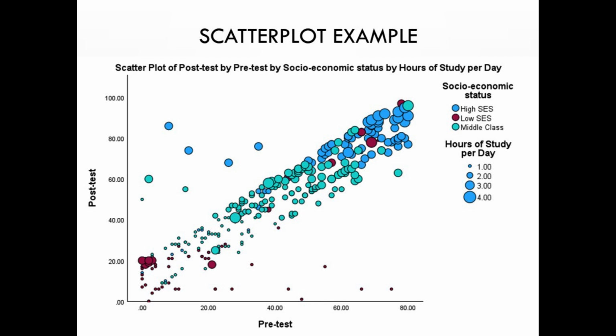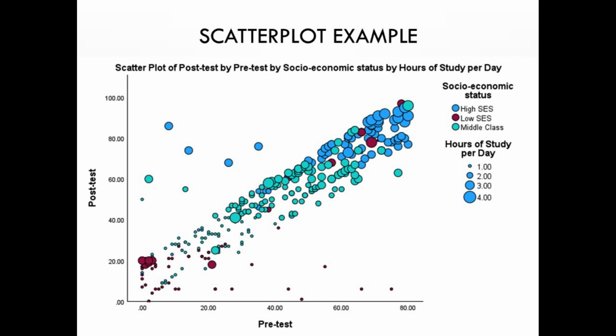In this example, the colors represent student socioeconomic status. We can see that the color blue, which represents a higher socioeconomic status, is more prevalent among individuals with higher scores, whereas the color red, which represents lower socioeconomic status, is more prevalent among individuals with lower test scores.